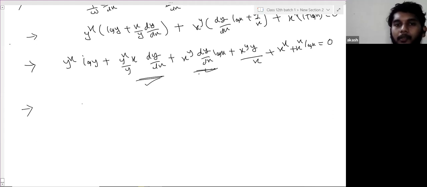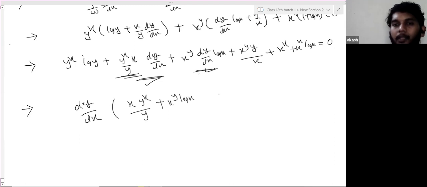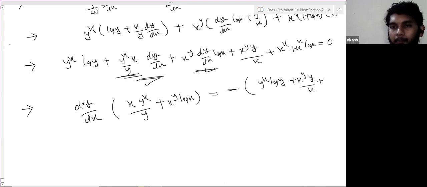So what we have, dy by dx, if we take it common, this will be x y raised to the power x minus 1 plus x raised to the power y log x, and everything on that side, taking negative common: y raised to the power x log y plus y x raised to the power y minus 1 plus x raised to the power x plus x raised to the power x log x.